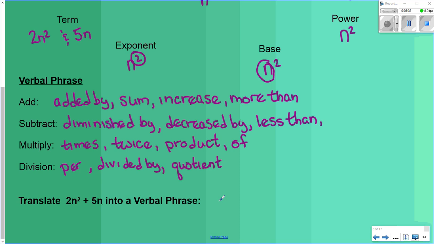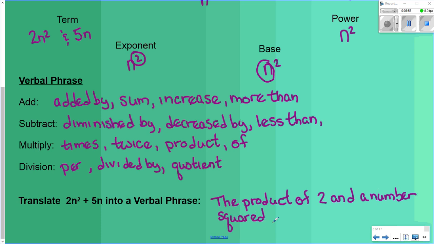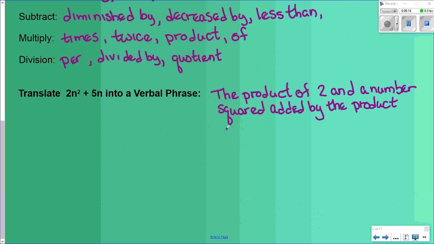So we could say the product of 2 and a number squared, added by the product of 5 and a number.